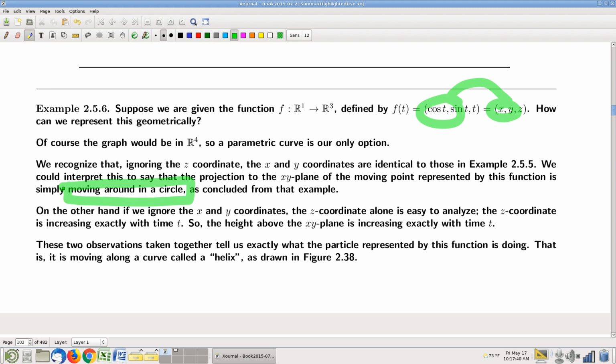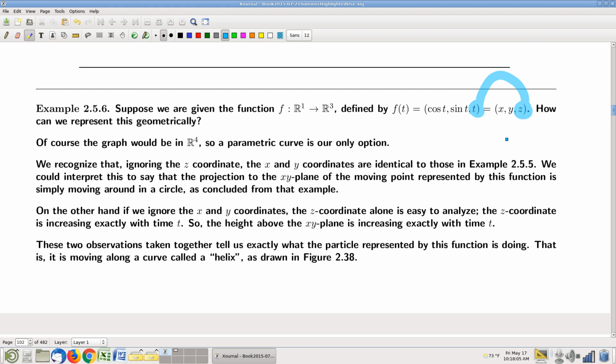And here's another observation, and this is an independent observation. Independently, I notice that this formula for Z is really easily understood. Z is t. As t increases, Z, which is also t, just increases. So here are two things that I know about this curve.